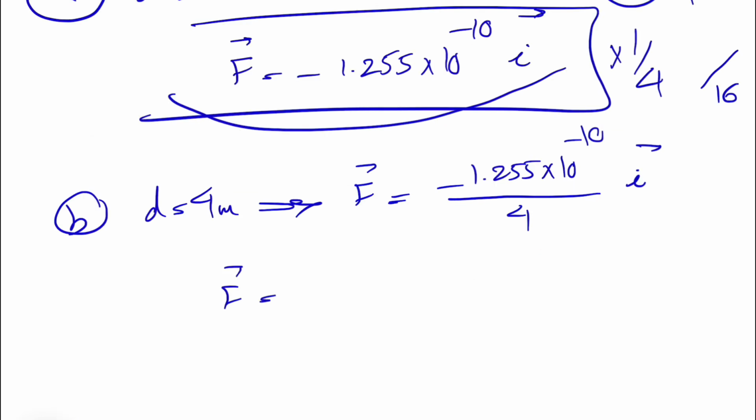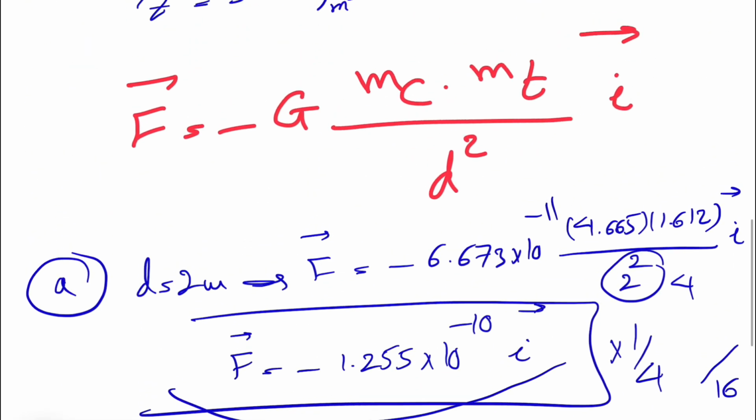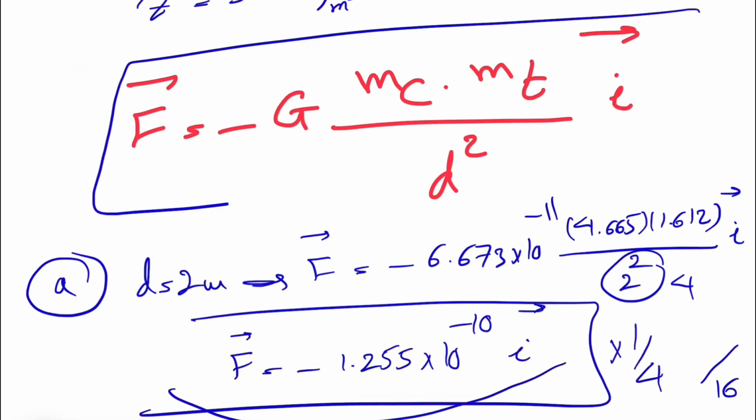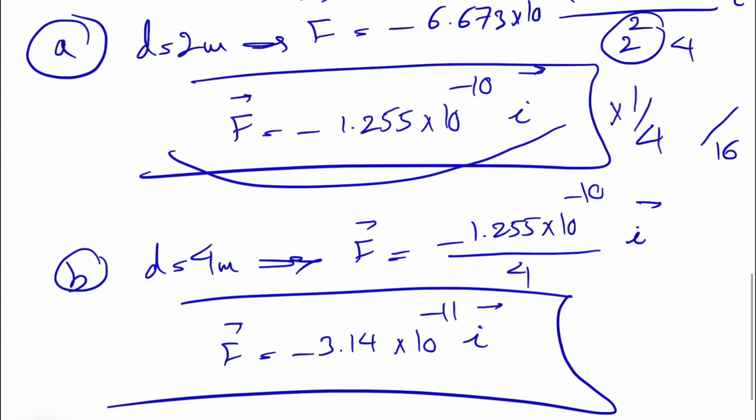If we calculate this, we'll get our F minus 3.14 times 10 to the minus 11 i, and that would be the answer for the B part of the question. Or we can just get back to our formula and plug in 4 instead of 2 to find the answer, but since we already found the F for d equal to 2 meter, we just have to divide by 4 to get the final answer.